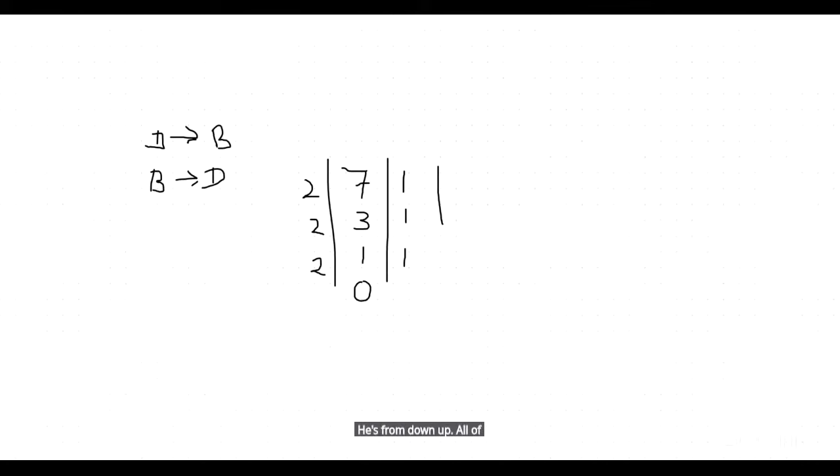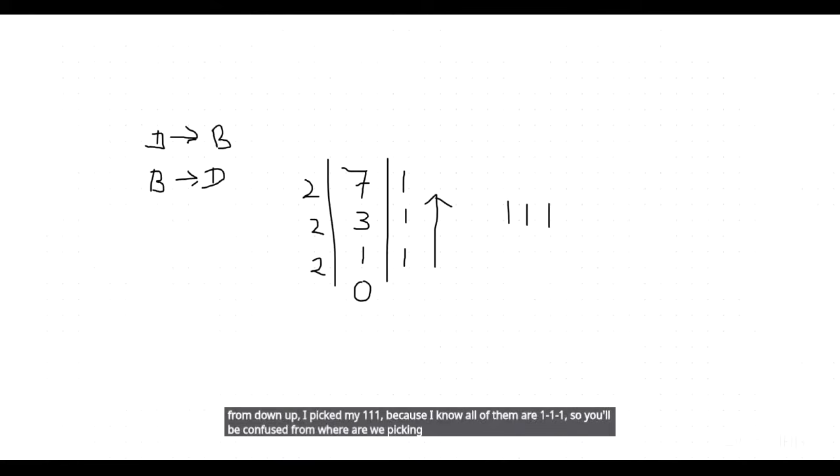All of them are the same. That's why I need to tell you how we are picking it. So it will be 1, 1, 1. So 7 converted to binary will give you 1, 1, 1. From down up, I picked my 1, 1, 1 because I know all of them are 1, 1, 1, so you'll be confused about where we are picking from.